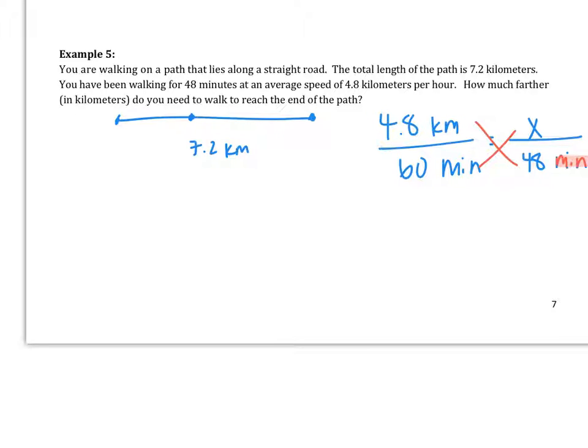So grab your calculator, and when we cross multiply, we've got 4.8 times 48, so 230.4 equals 60x. Divide out that 60.